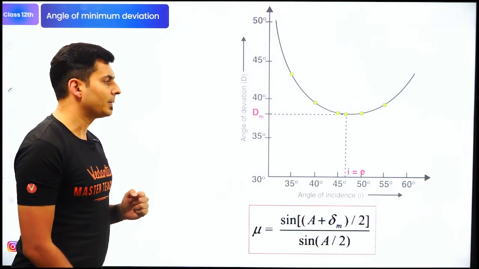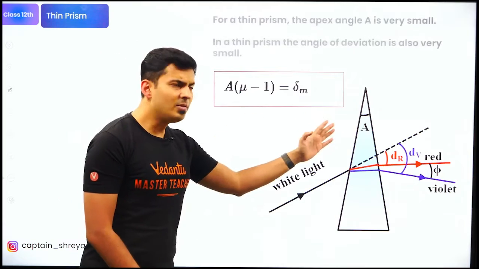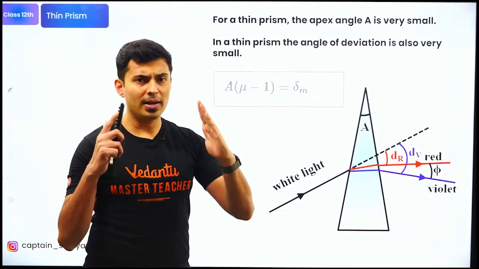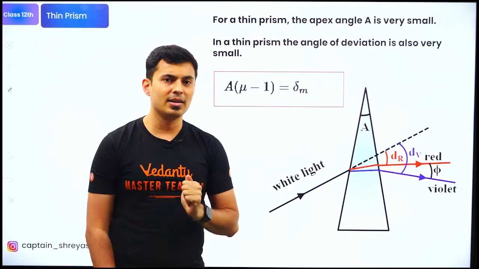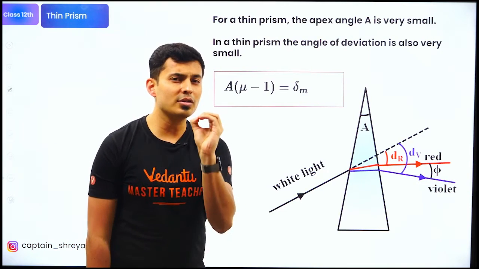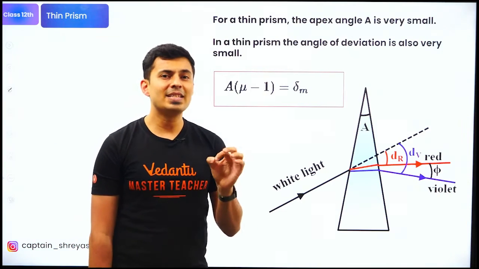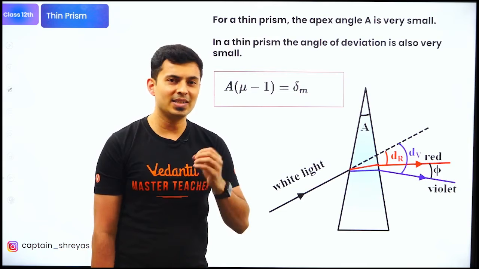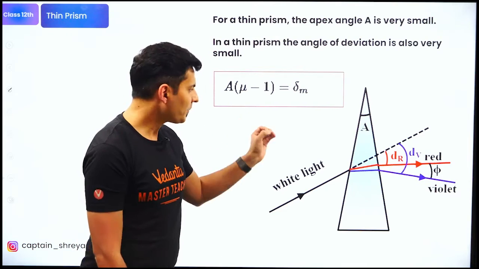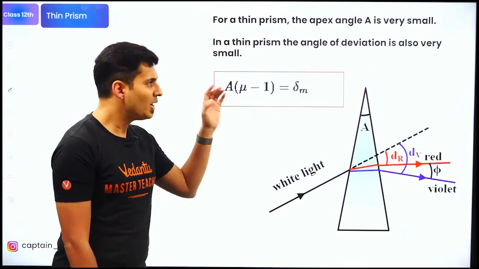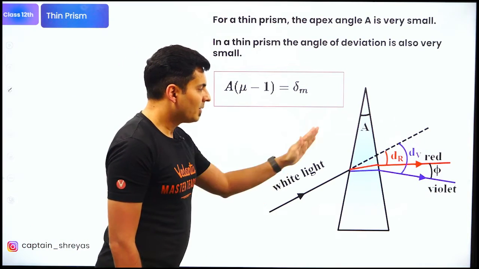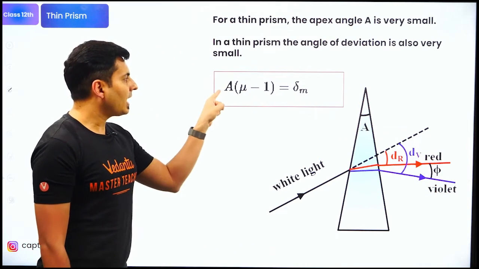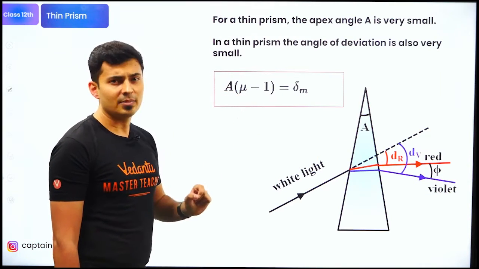Okay, moving ahead. For thin prisms. A thin prism is nothing but a prism where the refracting surfaces make a very small angle with respect to each other. So you can use small angle approximations like sine theta is theta, or tan theta is sine theta, and so on. When you use these approximations, you will notice that the deviation produced by the prism on that light is angle of prism times (refractive index minus 1).